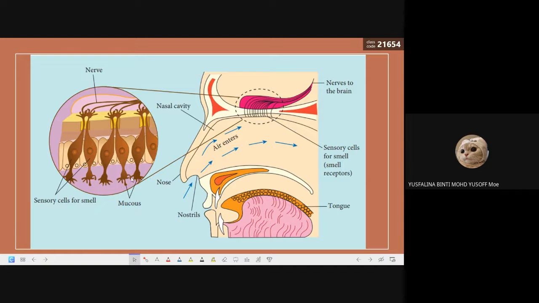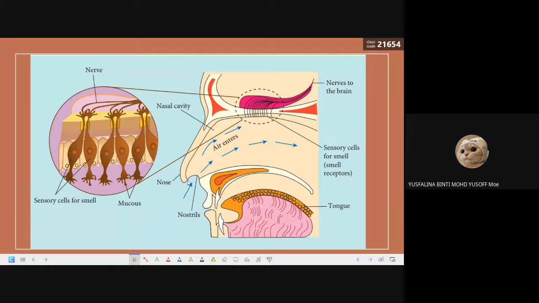It will dissolve in the mucus here. The mucus will stimulate the sensory cells and produce the impulse. Then the impulse will be sent to the nerve, and the nerve will send it to the brain. Of course the sensory cell has to produce the impulse first, because the brain can only interpret the impulse. So that is the part of the nose.